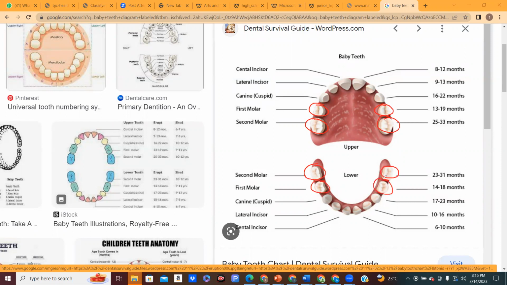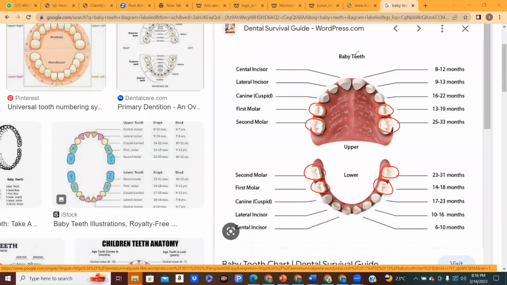So just like the incisors, with the incisors you have 4 at the top, 4 at the bottom. Same thing with the premolars, but this is for the baby teeth. You have 4 on the top and 4 at the bottom.